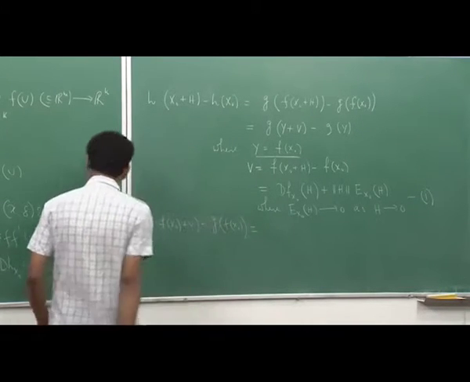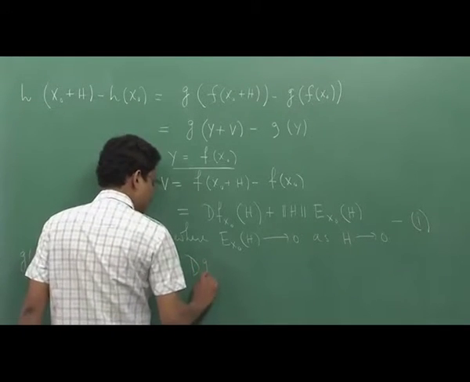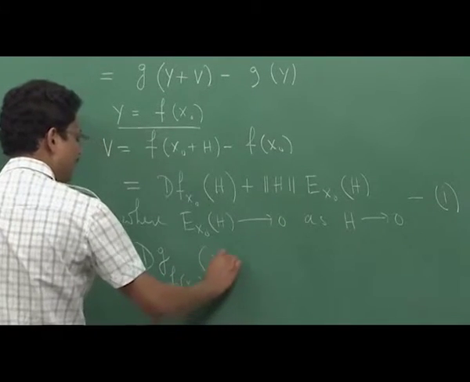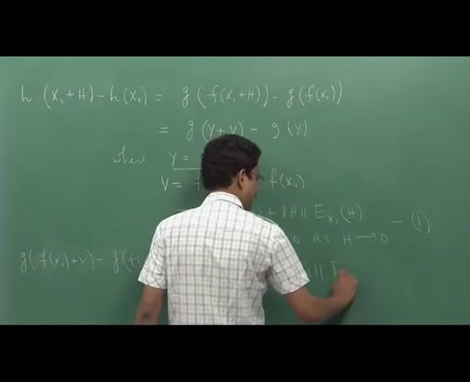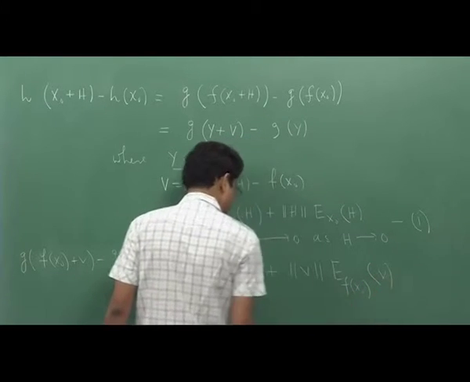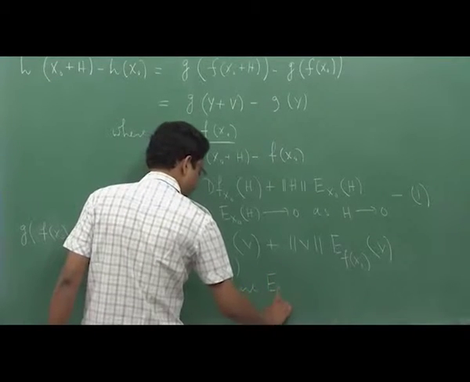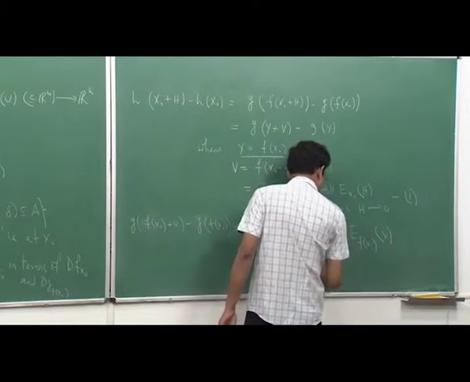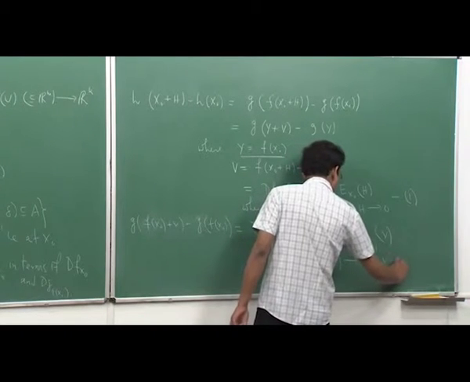This is equal to dg at f of x naught acting on v, plus norm v times e of f of x naught, v, where e goes to 0 as v goes to 0.